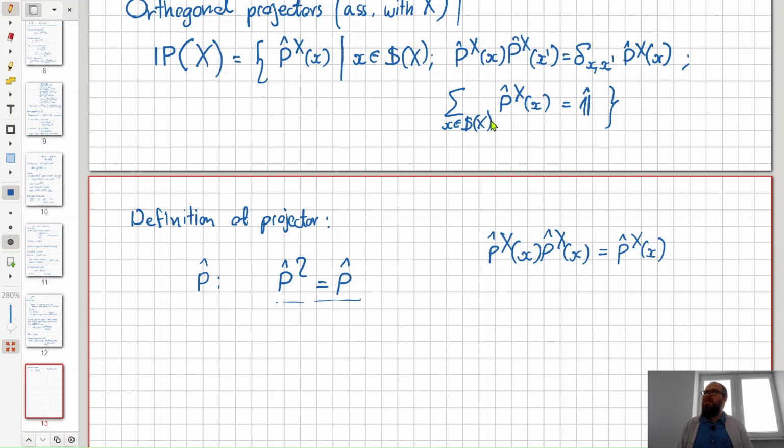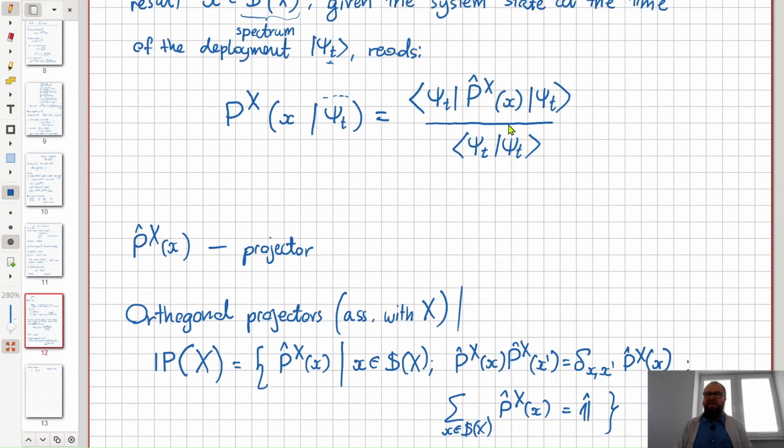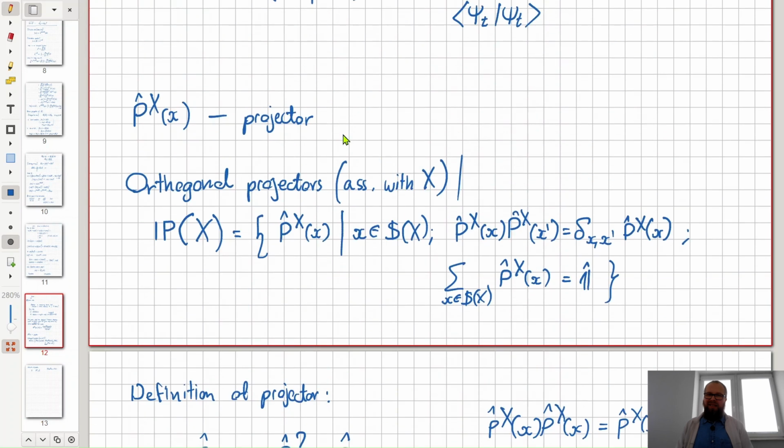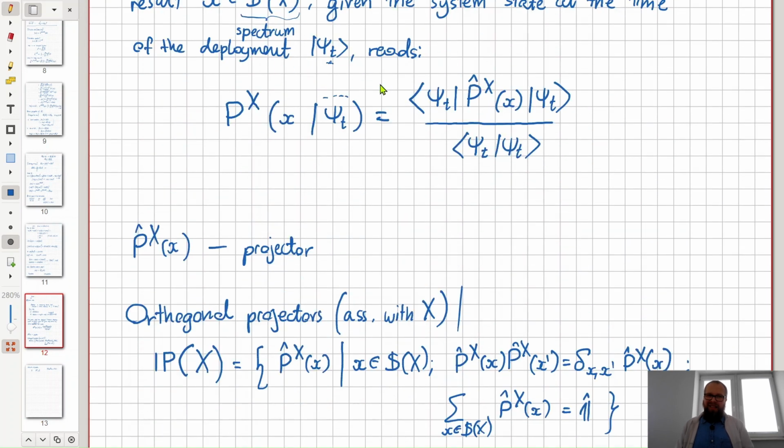This completeness also ensures that this is a probability and is properly normalized. Because I sum over x, I won't do the algebra here, I do the sum, this turns into the identity, and I have the inner product divided by itself, 1, properly normalized.